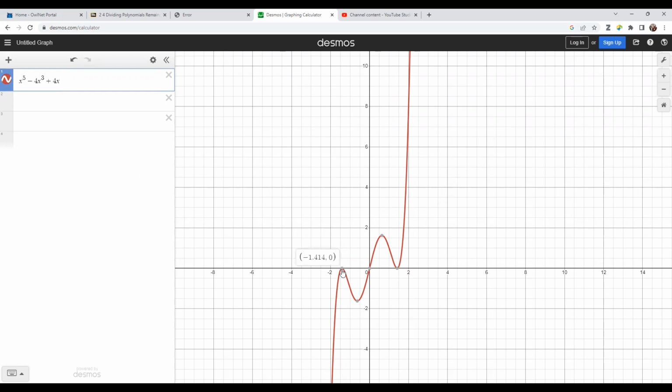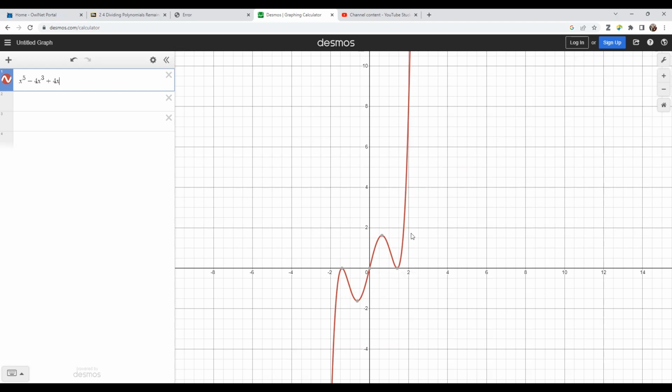We touch and turn at negative root 2. Right, there's a point of inflection that we haven't figured out how to determine yet. We cross at 0, 0. Right, that had a multiplicity of 1. And yet again, we touch and turn at root 2, which had multiplicity 2 as well.